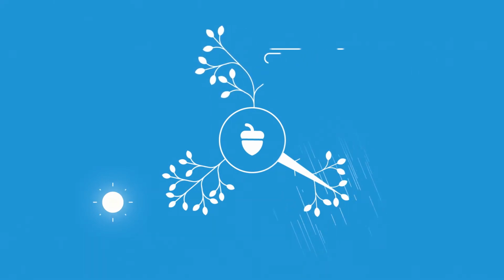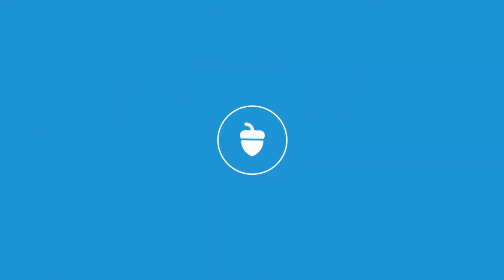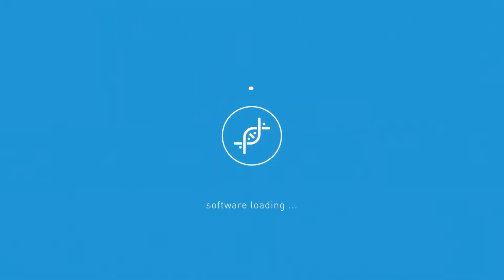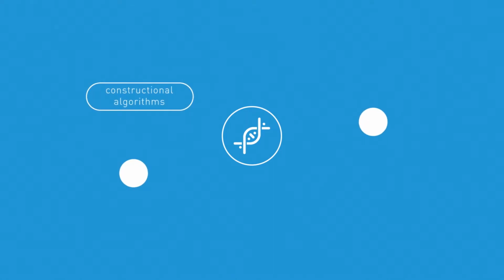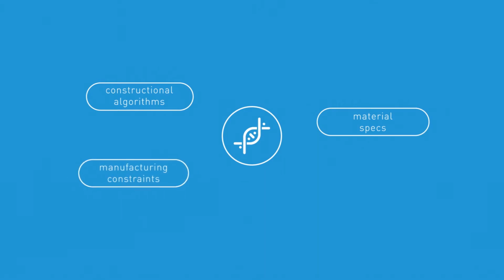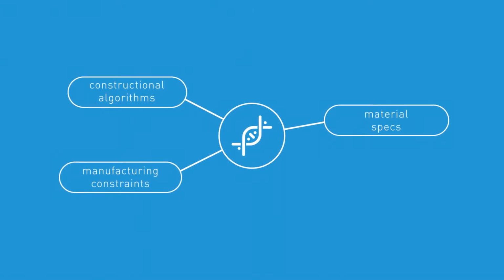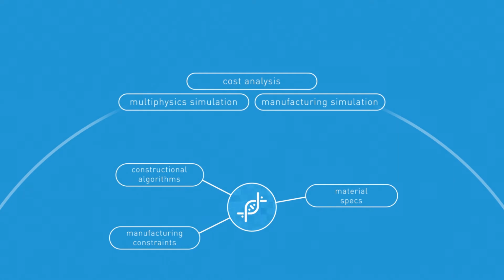We believe that this universal principle can be the beginning of a revolution in product development. Imagine a technical DNA, which takes generator cells like constructional algorithms, material specs, and manufacturing constraints into account. This DNA defines the essence of all possible designs. Evaluators then help to find the most fitting solution.